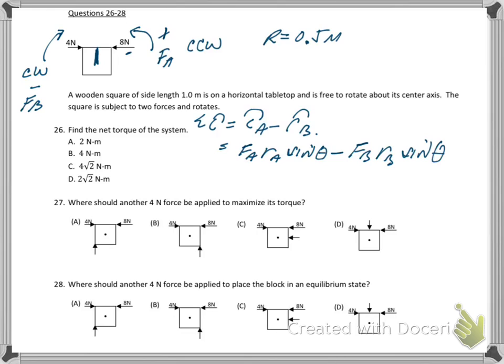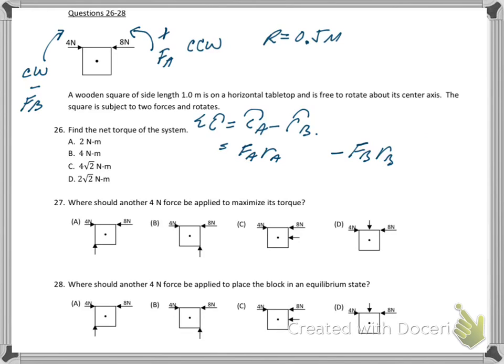And if you extend this vector down, you can see that we're pushing perpendicular to the line that connects to the axis of rotation. So the angle is going to be 90 degrees. The sine of 90 is 1, so we can eliminate this.